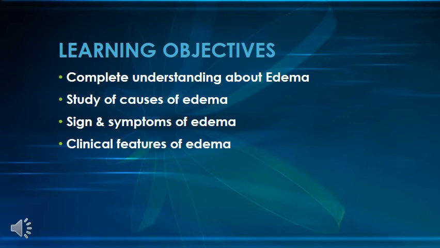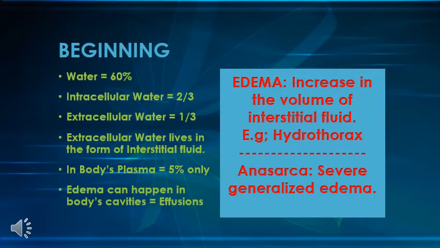The fluid present in the spaces between the cells is known as interstitial fluid, and the spaces are interstitial spaces. The other type is present inside the cells. Okay, there are two types of fluid. So let's move forward. So let's start edema.